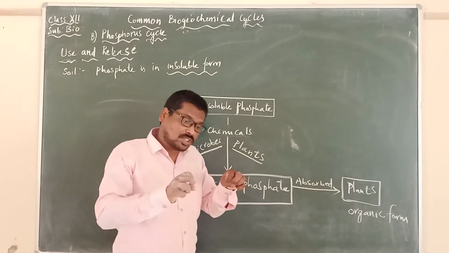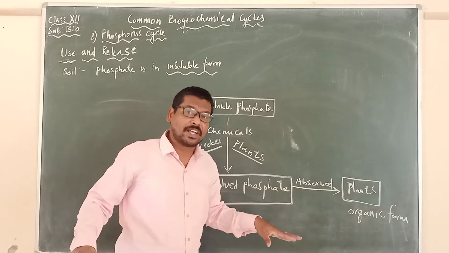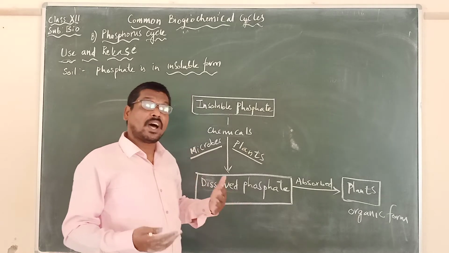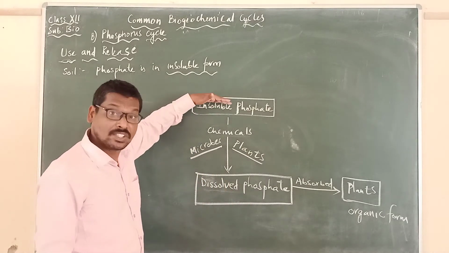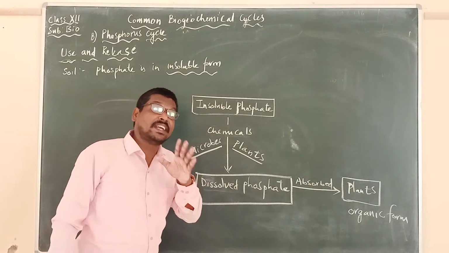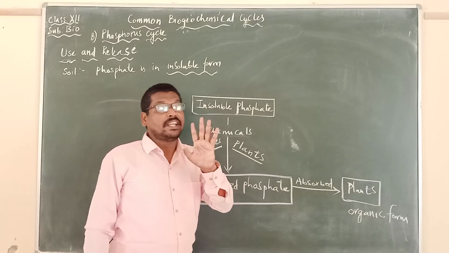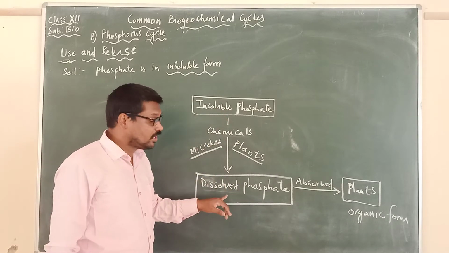The plant roots and the microbes present in the soil release chemicals. These chemicals are involved in converting the insoluble phosphate into dissolved phosphate.